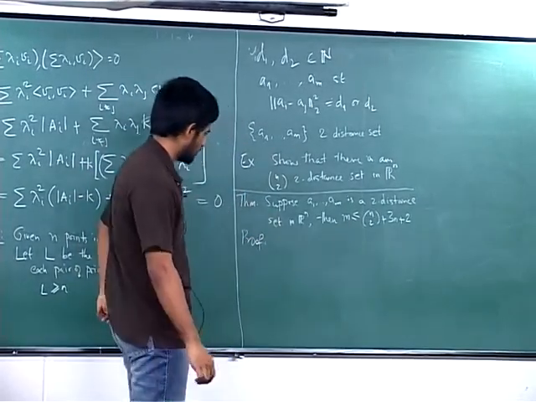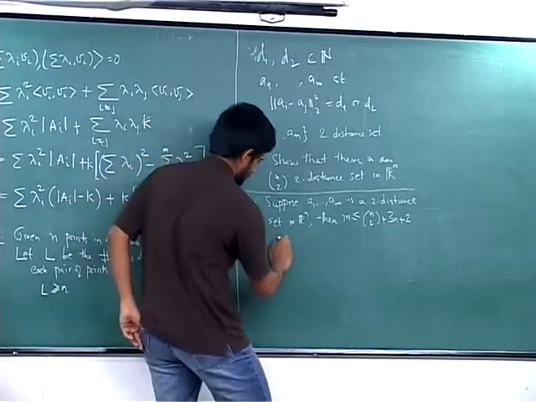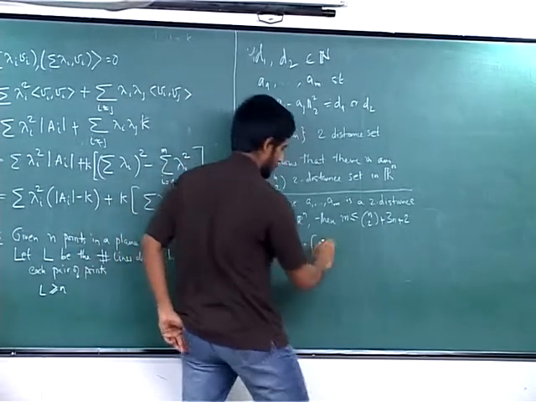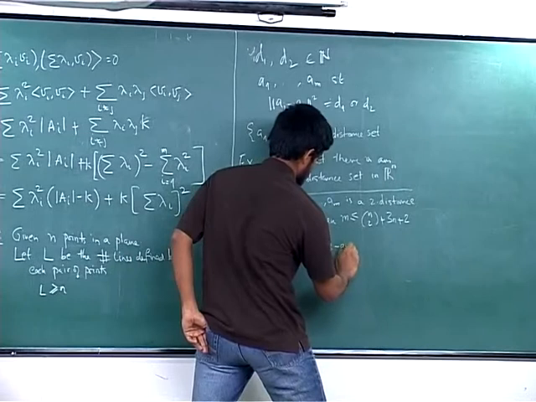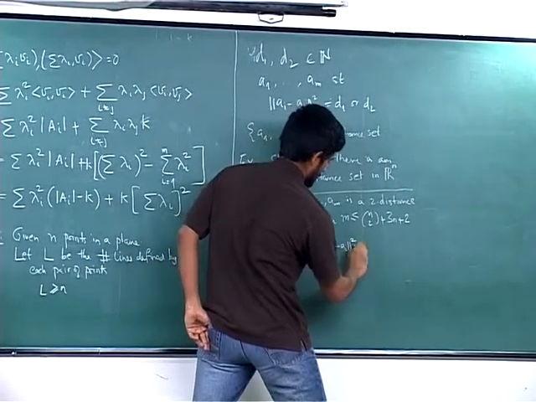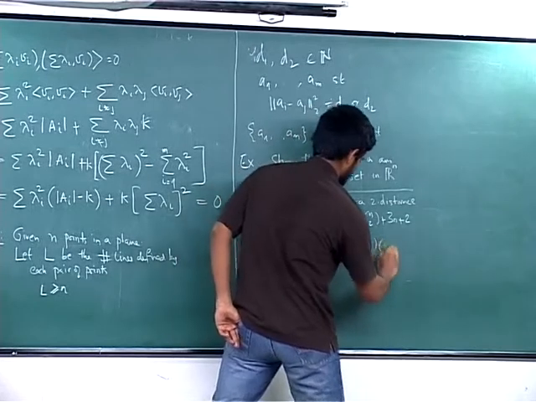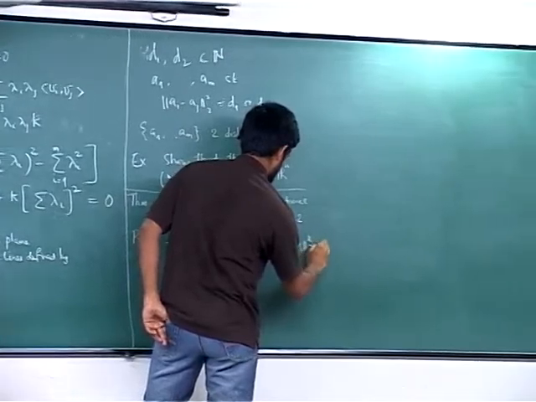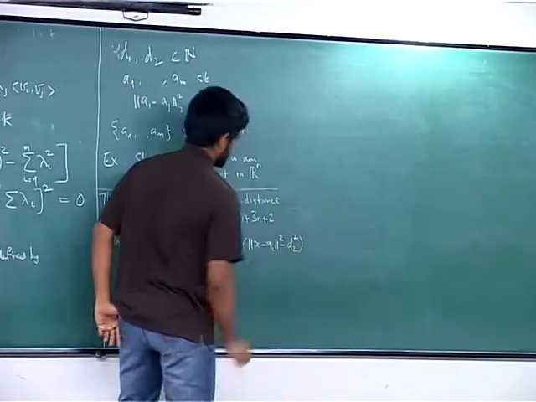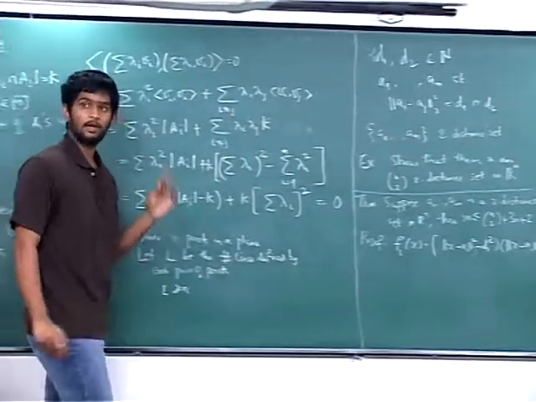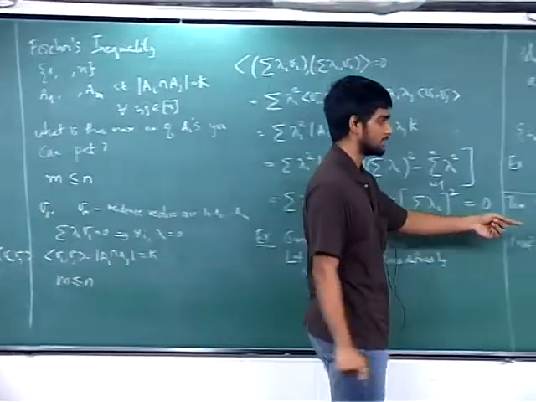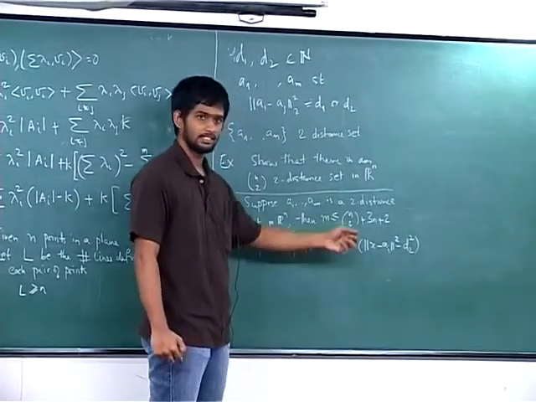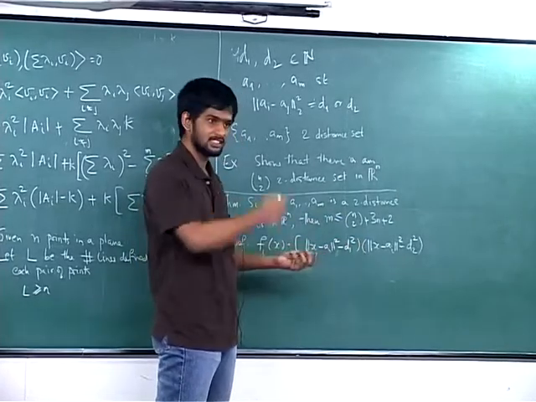Look at this polynomial for each i, which is the norm of x minus ai squared minus d1 squared, times the corresponding factor with d2. I look at m polynomials, and the polynomials are defined this way. This is nothing but the inner product of x minus ai with itself. It's basically the distance.